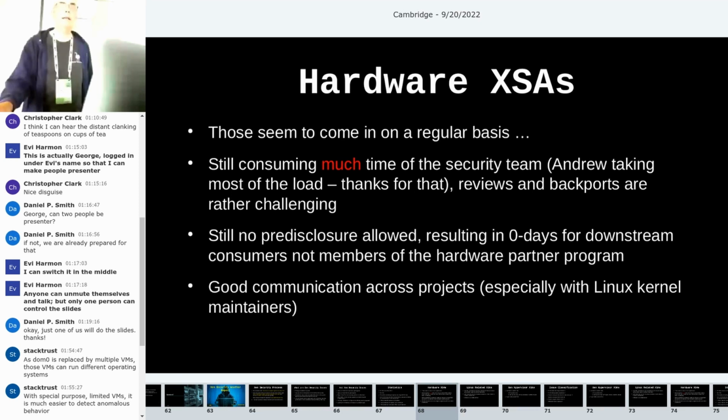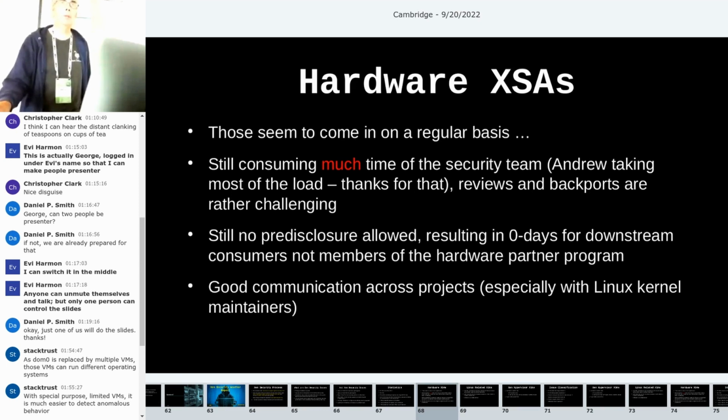On the plus side, we have to say that there are very good communication channels across the different software projects and hardware vendors as well. So while we are not allowed to discuss maybe Intel problems directly with ARM, Intel will, for example, say, hey ARM, we have a specific problem in this area.